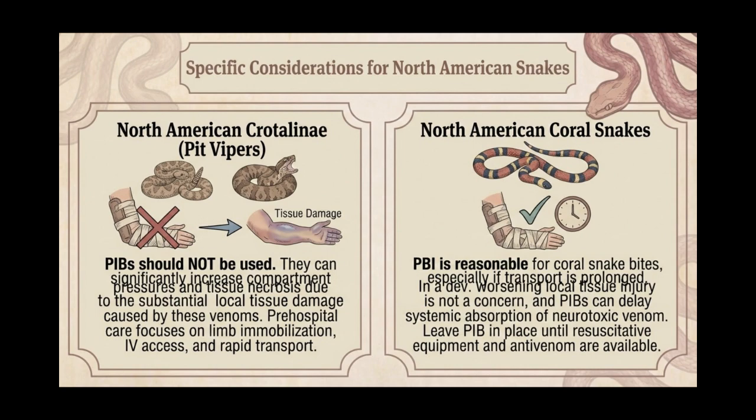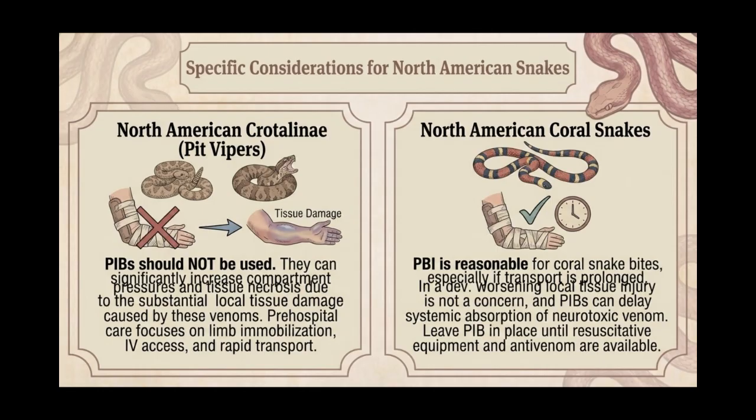Several professional organizations, including the American College of Medical Toxicology, recommend against using pressure immobilization for these envenomations. Instead, pre-hospital care should focus on immobilizing the affected limb, establishing intravenous access, treating any life-threatening conditions, and ensuring rapid transportation to a medical facility.